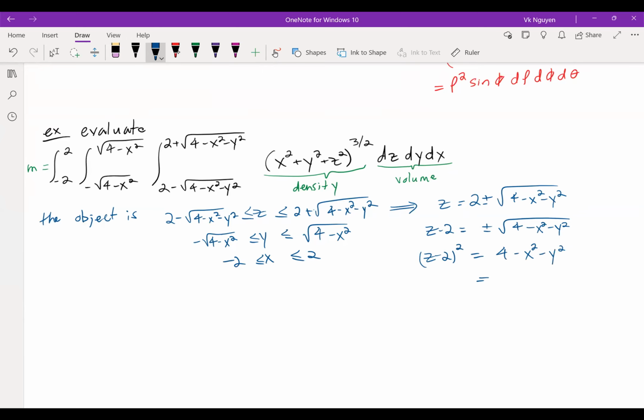So move everything to one side: x squared plus y squared plus z minus 2 squared equals 4. That's a sphere centered at 0, 0, 2. Okay, so we know the exact object.